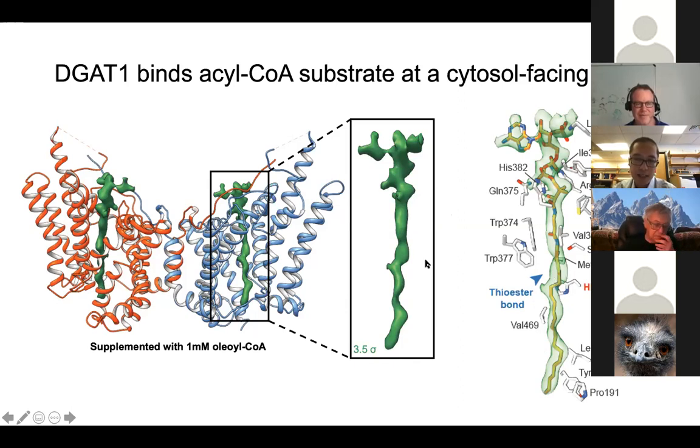As you can see, DGAT1 takes in the oleoyl-CoA from the cytosolic side. The hydrophobic tail is inserted deeply into the protein, leaving the coenzyme A head at the cytosolic side.